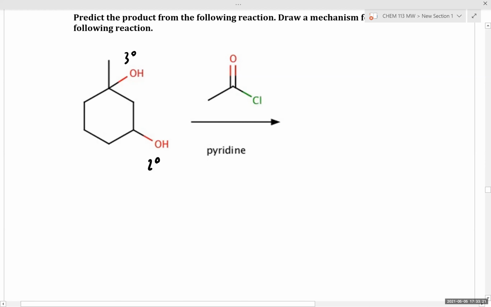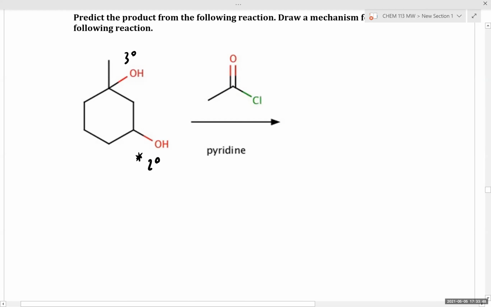So we have an alcohol. We established that this secondary alcohol is less hindered and more reactive. And we have an acyl chloride. Let's try to draw a textbook carbonyl substitution mechanism. You can also verbally explain the steps in the mechanism or share a photo of your written work in the chat, and I'd be happy to transcribe it onto the class whiteboard.